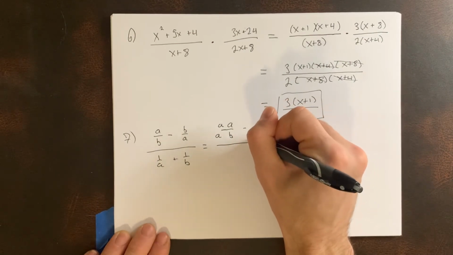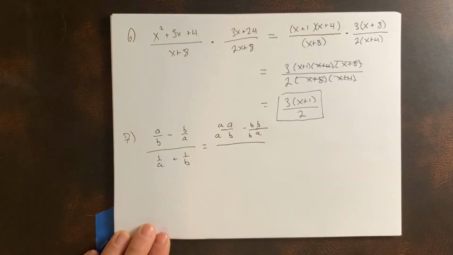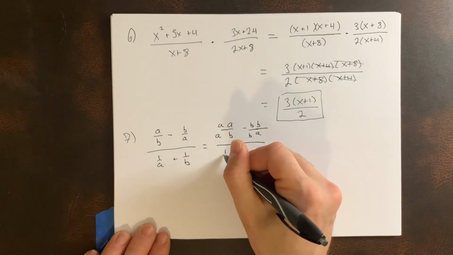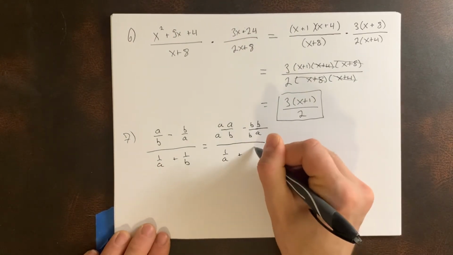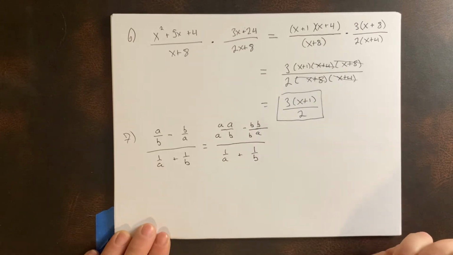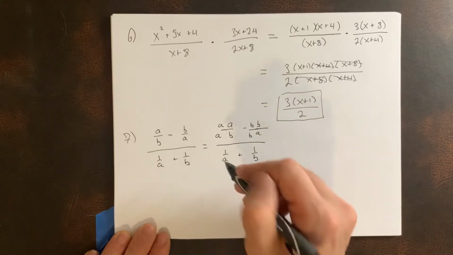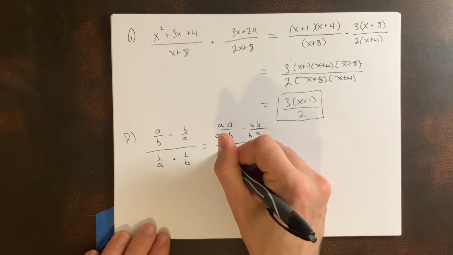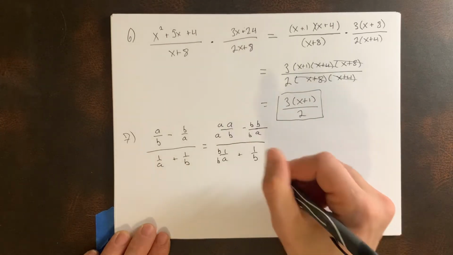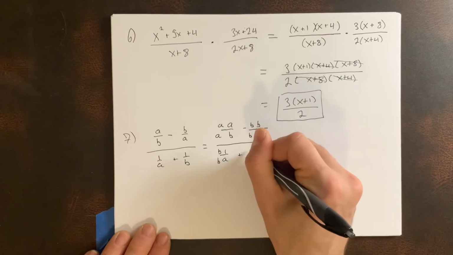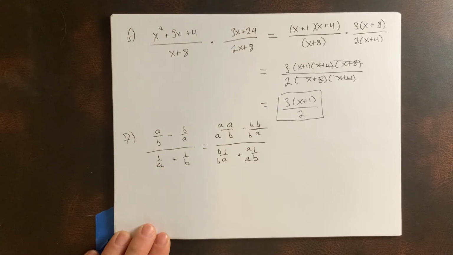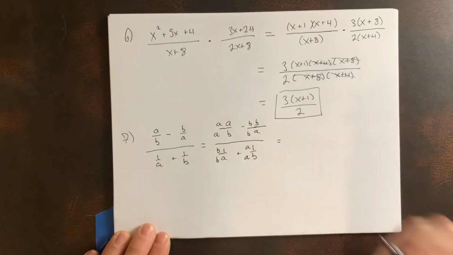And we'll put a b in the bottom of this one, and a b on the top of this one. And then on the bottom over here, so here's 1 over a. Again, we're going to have the same common denominator. We'll put a b in the bottom of this one, a b in the top of this one, and then over here we'll put an a in the bottom of this one, and an a in the top of this one.